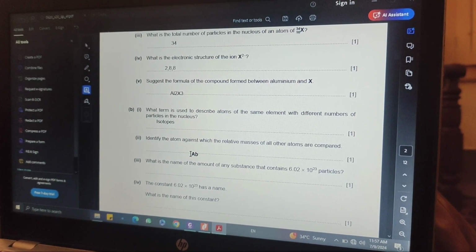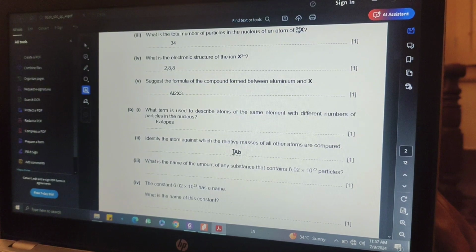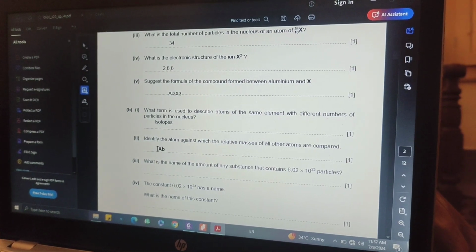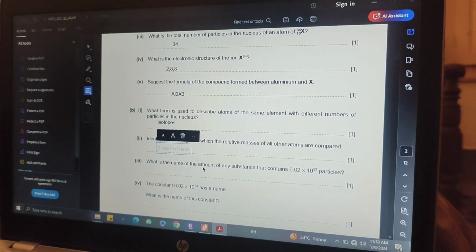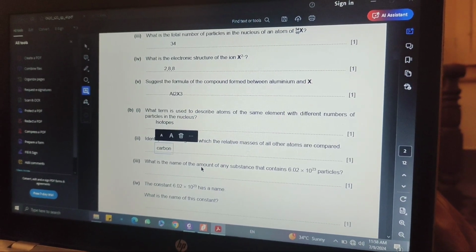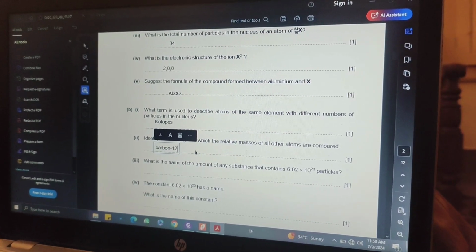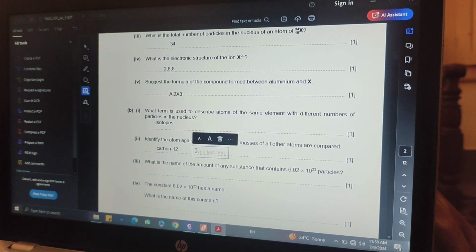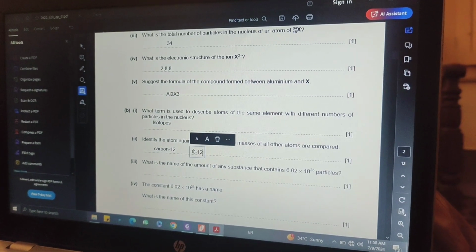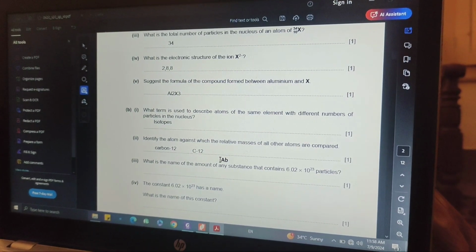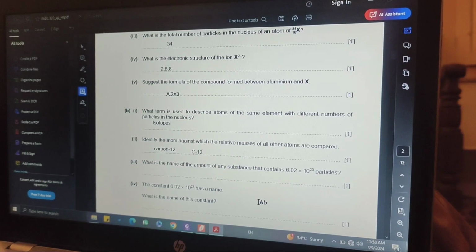Identify the atom against which the relative masses of all other atoms are compared. So we already know that is carbon 12. We can also write it as C12. It's up to you the way you write, but it will be correct.